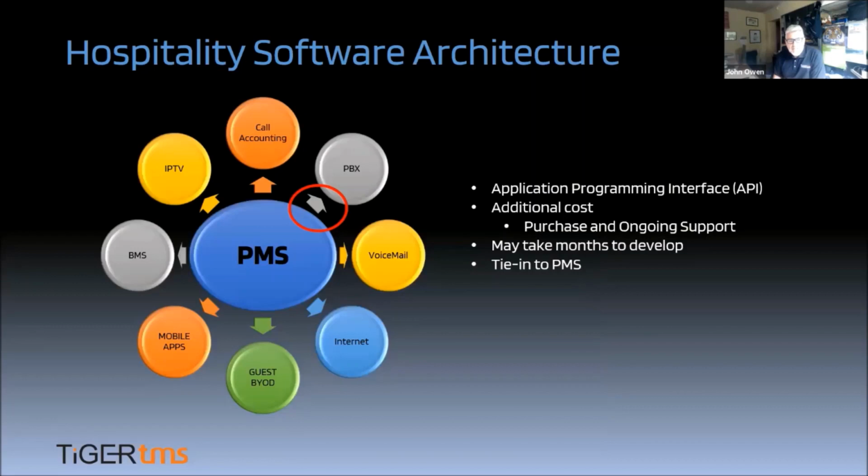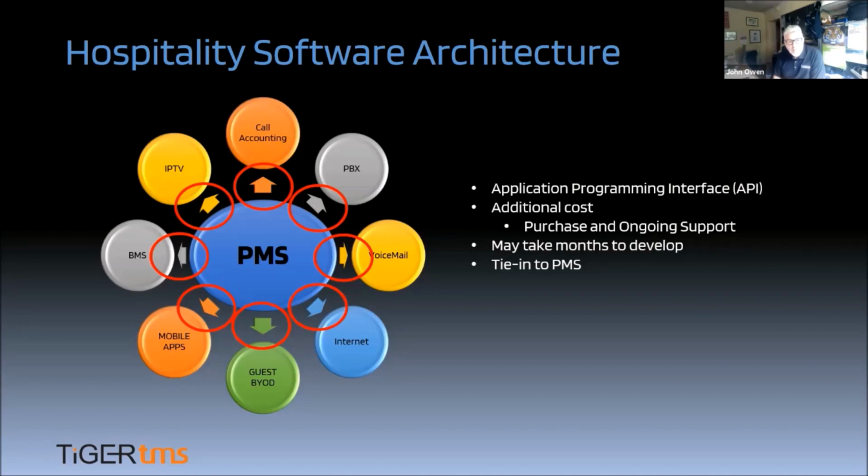So let's look at that in a little more detail. As you see on the screen, the PMS in a traditional setup is directly connected to all other applications by interfaces, which I have marked with a red circle. Now, these interfaces are called APIs, Application Programming Interfaces.